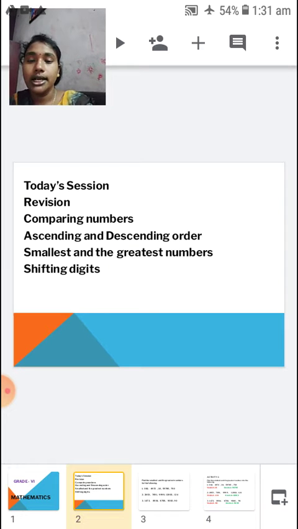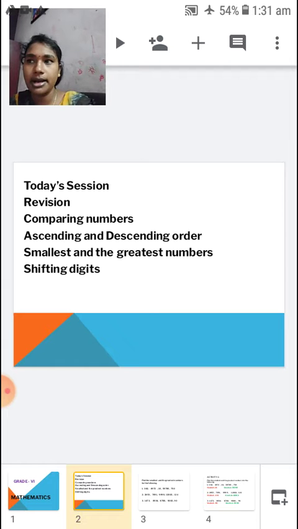So here, in comparing numbers, we've already seen that when two numbers are given, how we should compare numbers based on the three parameters used. So what are the three parameters to show the relation between the numbers? Yes, it is greater than, lesser than, equal to.